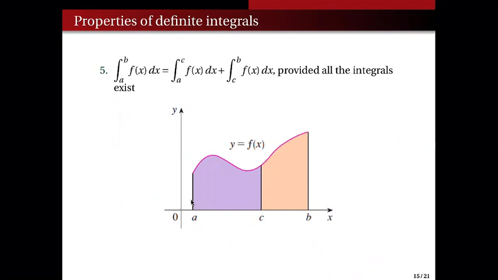On the left-hand side, you have the integral from a to b. On the right-hand side, you have the integral from a to c, and then the other one is the integral from c to b. So you can chop the interval into two parts, and then get the integrals on each subinterval after you chop it. Okay?